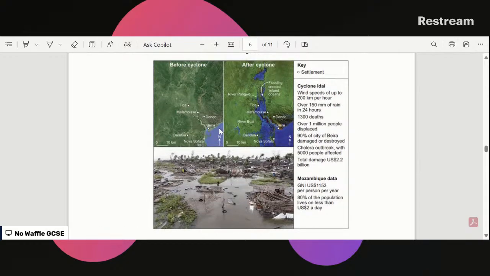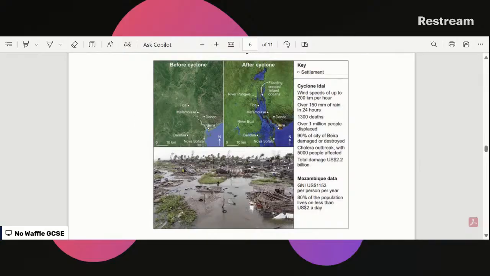So again, what is the difference between primary and secondary effects? We spoke about this already. Primary is immediately after, and secondary is caused by something else. For example, landslides or tsunamis that are caused by something happening initially. So primary effects that we can kind of see.